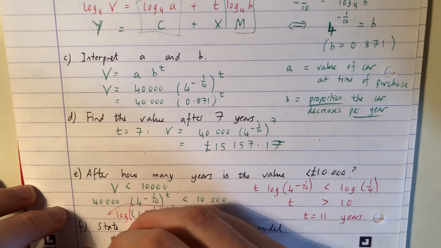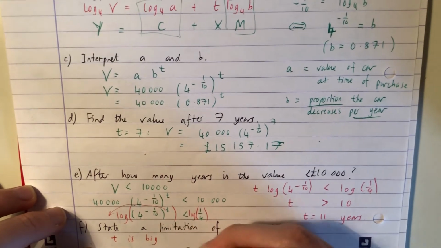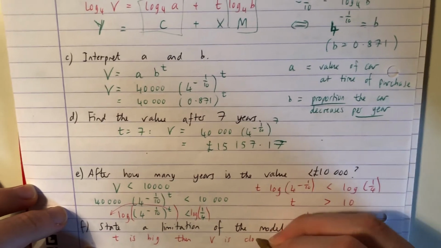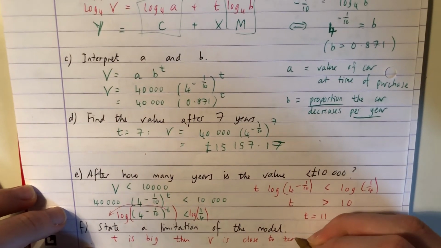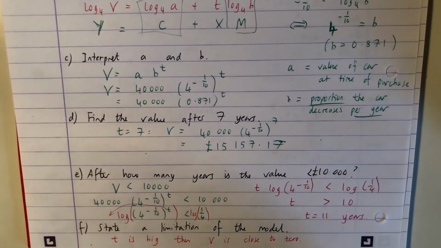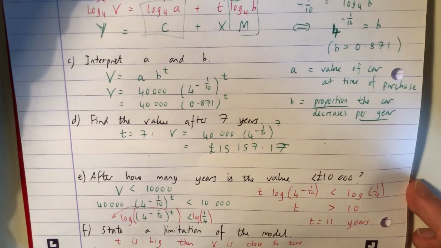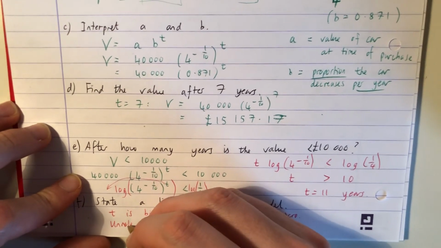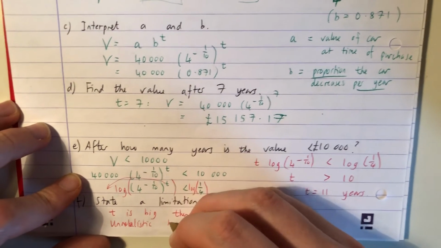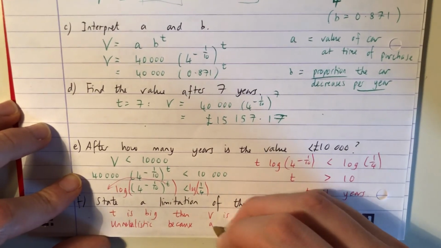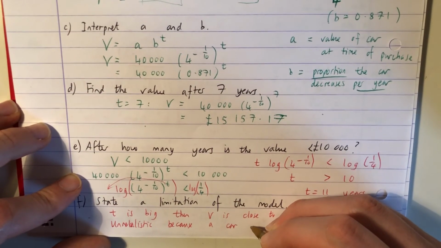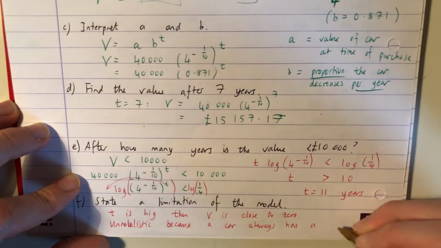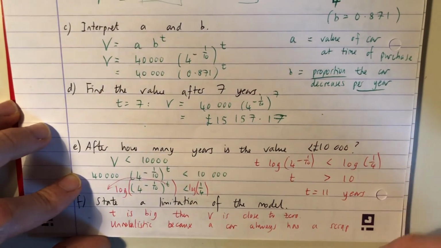So if t is big, then V is close to 0. But this wouldn't be realistic because a car always has a scrap value.